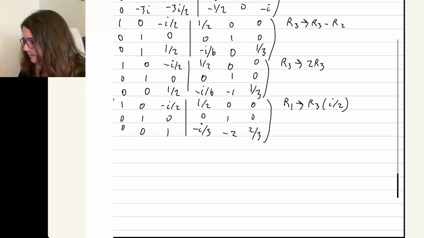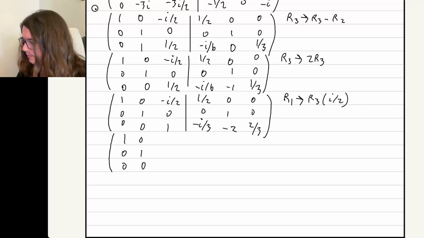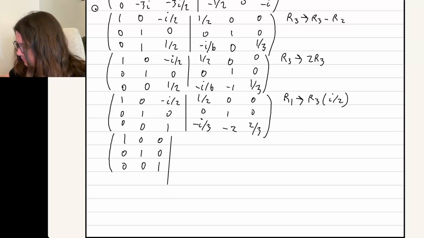That way the last element in the first row will be 0 now. So on the left hand side we now have the identity matrix. And then on the right, we've got 1 half, 0.